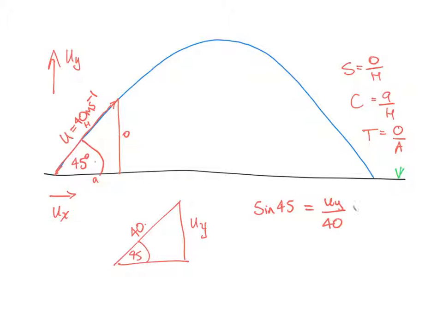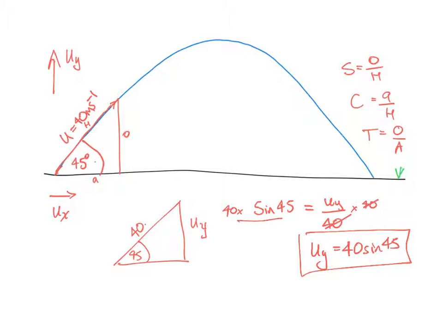If we rearrange this, times this side by 40, times this side by 40, we get uy on its own over here equals 40 sine 45.